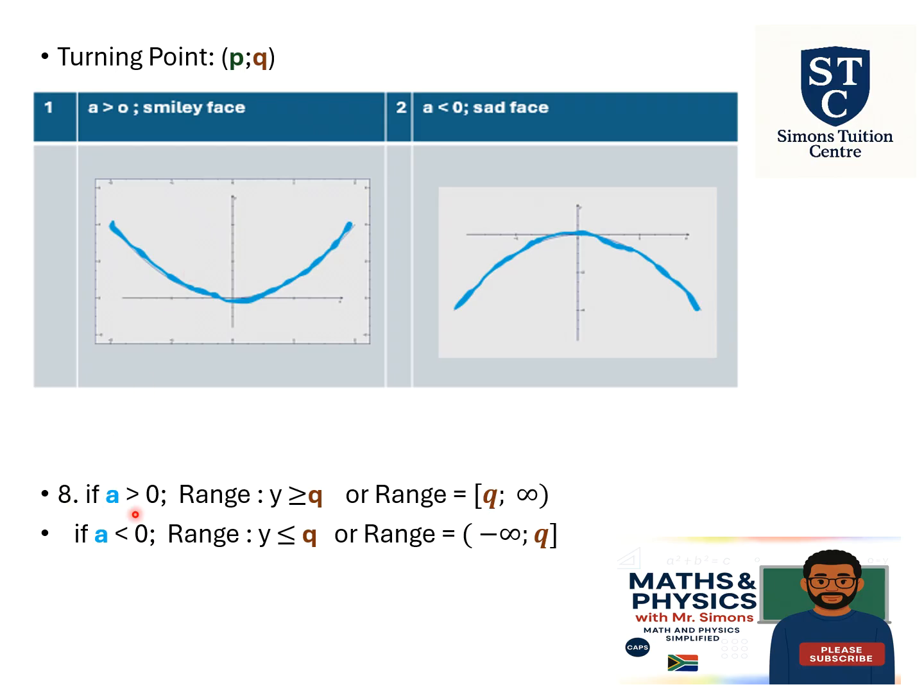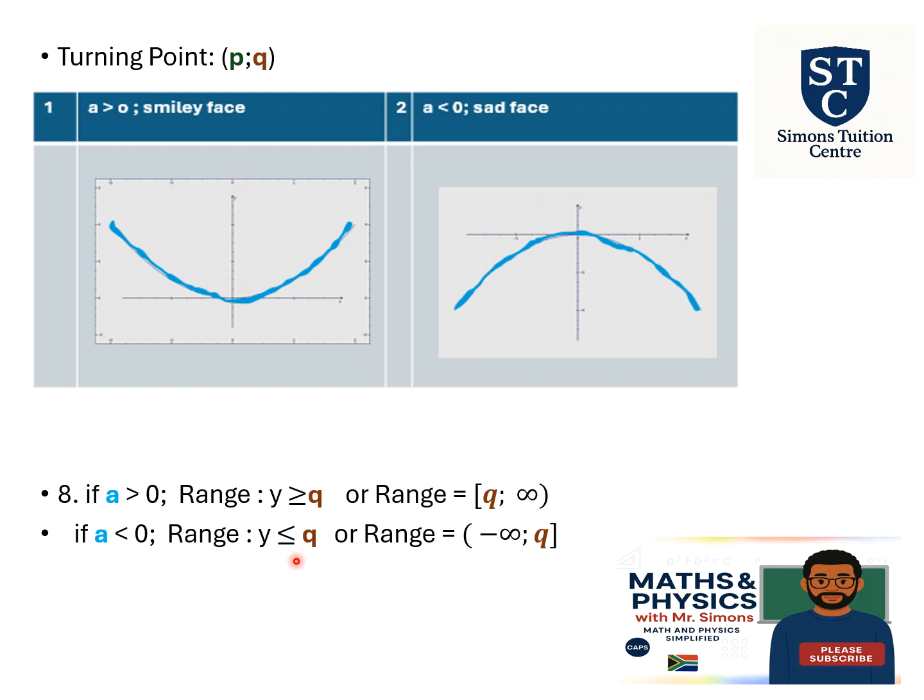So if a is greater than 0, smiley face, my range would be y greater or equal to the y value of the turning point, which in this case is 0. So y greater or equal to 0, or I can say my range is 0 to positive infinity, so 0 increasing to positive infinity.